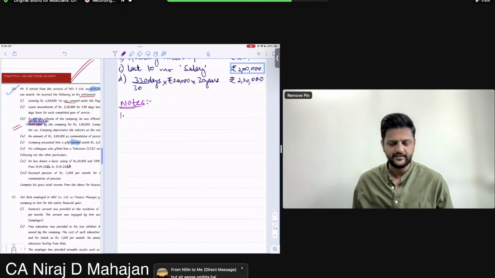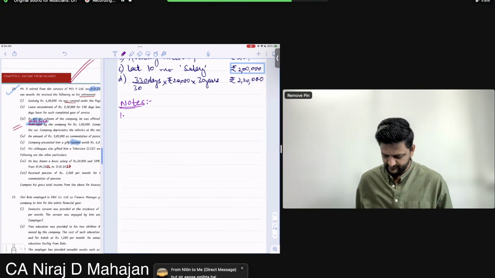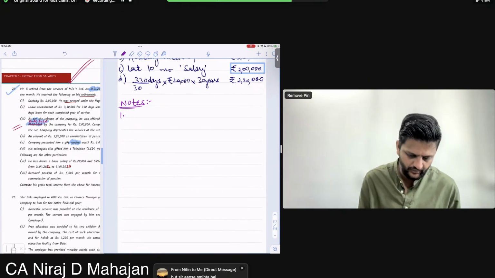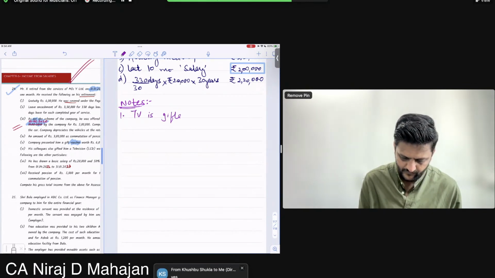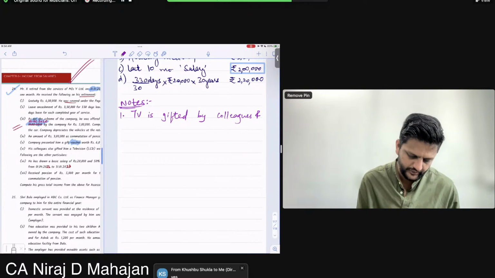Section 288A. Revision, understanding now? How much revision is required? Write down. TV is gifted by colleagues and not employer.